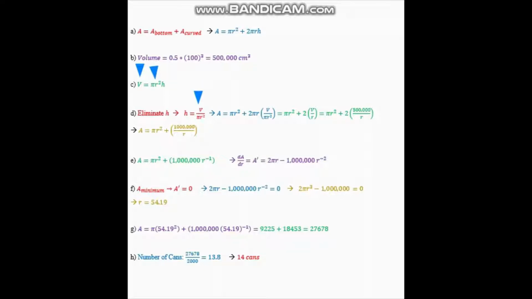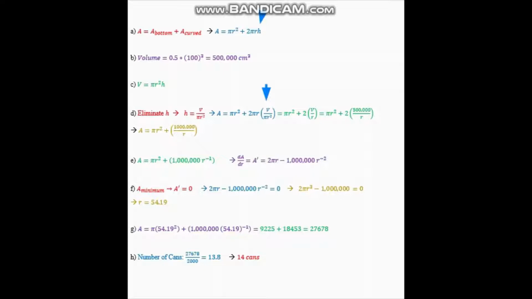obtaining this red expression right there, which I shall then substitute into this h right there, getting me an expression for A equal to pi r squared plus 2 pi r times V over pi r squared. This is exactly the same as this expression right there. The only difference is that instead of the h, I now have V over pi r squared. Now, we can simplify this blue expression a little bit.